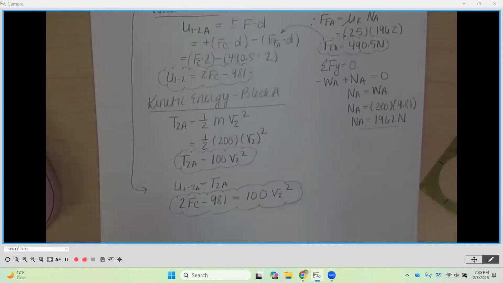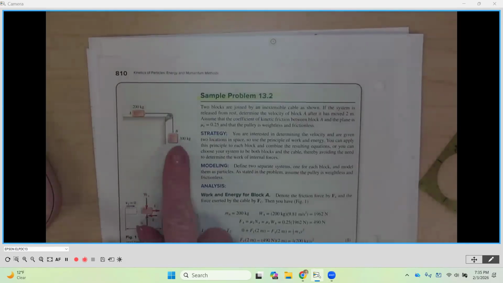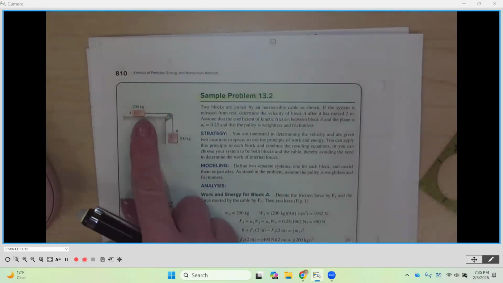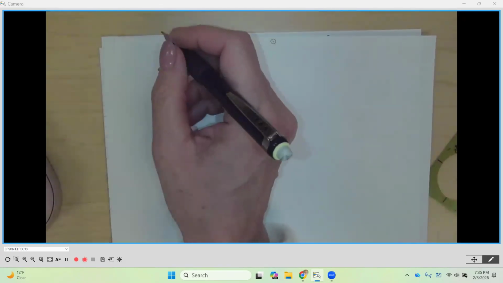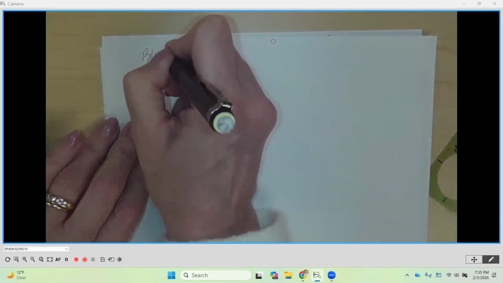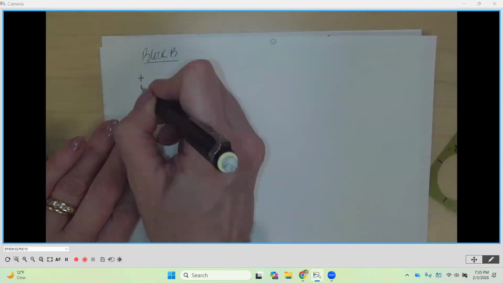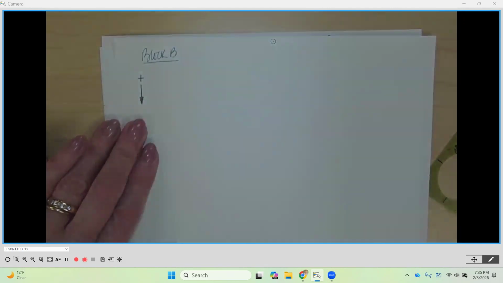There we go. All right, let's move on to block B. Now block B is the block that is hanging down. That's the 300 kilogram one. 200 was A, 300 is B. Now for this one, going down is going to be positive, just so that we don't have as many negatives.